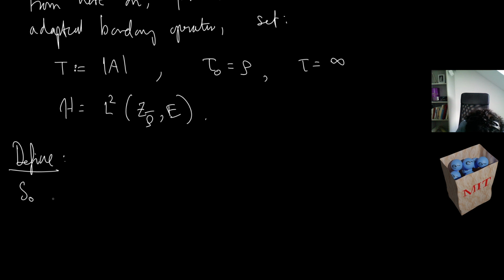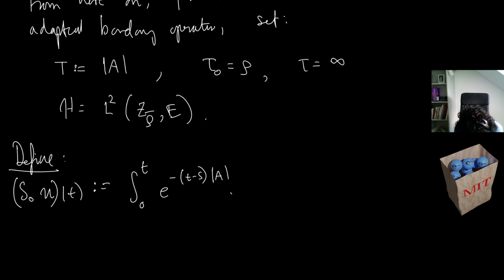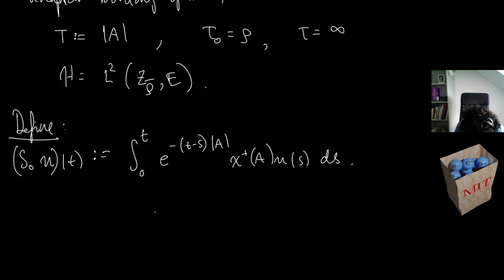S naught of u of t is defined to be the integral from 0 to t of e to the minus (t minus s) modulus A chi plus of A u s ds, minus the integral from t to rho.